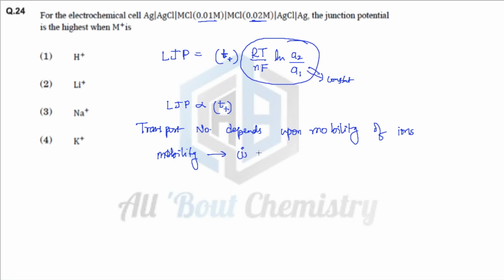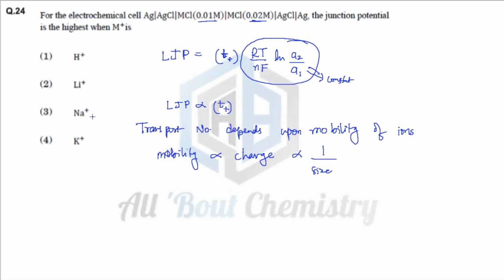The first is charge: mobility is directly proportional to the charge, so the higher the charge, the more the mobility. And it is inversely proportional to the size of the ion, so the smaller the size, the higher the mobility.